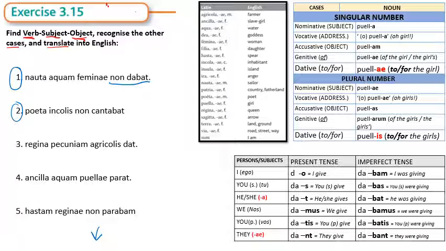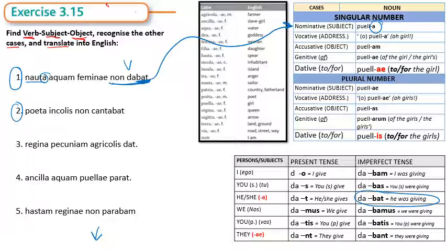So number 1, nauta aquam feminae non dabat. The verb is non dabat, which means he or she was not giving. I need to look for a subject. My subject, because this is bat and it's he, has to be singular because it's only one person. So I will be looking for a nominative singular ending in a to see if I have a subject, and I do.